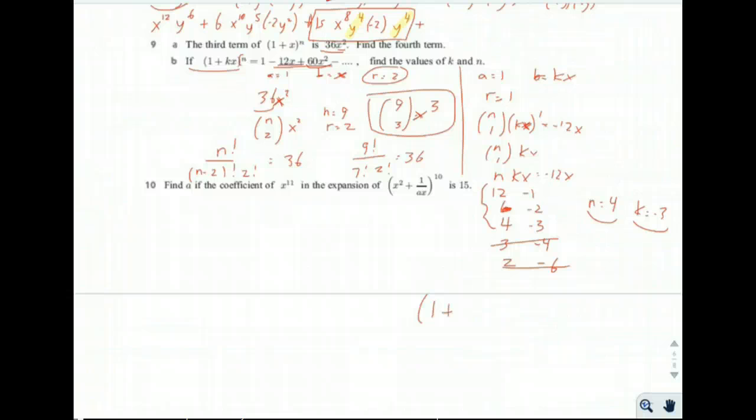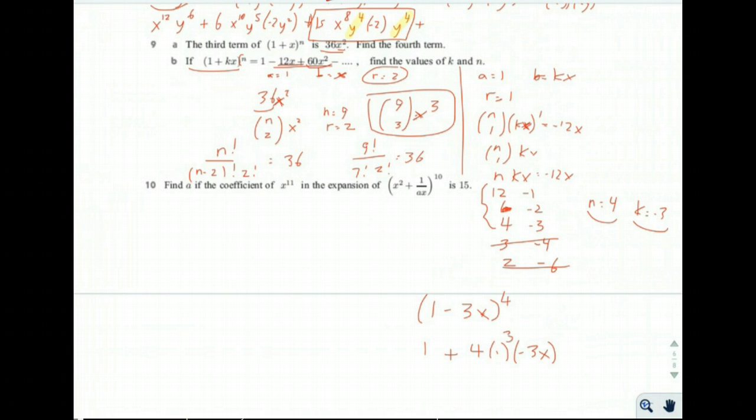So you go 1 plus, and then k is negative 3, so we say 1 minus 3x to the fourth. And so we'll say, okay, the first term is going to be 1. The second term is going to be, well, since it's to the fourth, it would be 4 times 1 times negative 3x, and the 1 would be to the third.